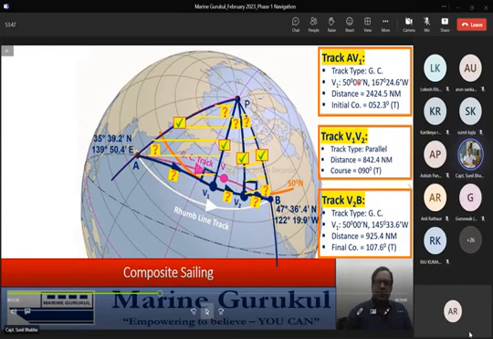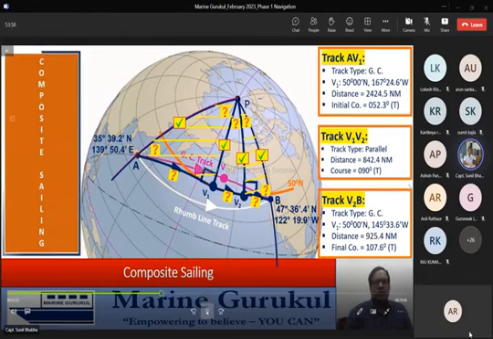No DMP is required. Okay, sir. Thank you. Okay, beta. Great. So this is solved out here, and this sort of sailing, wherein we use a combination of more than one sailing, is called composite sailing. And in this case, the composite sailing involves great circle sailing plus parallel sailing.